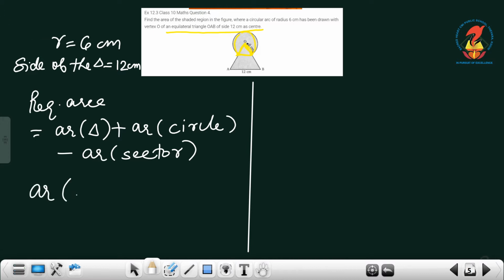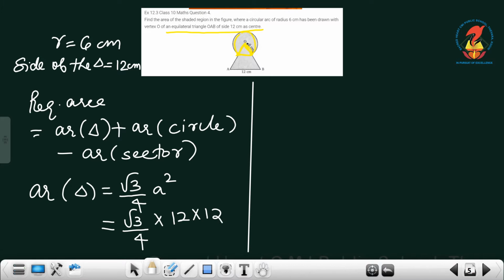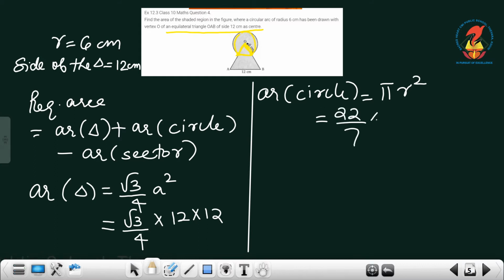So, area of the triangle is equal to root 3 by 4 a square, which is equal to root 3 by 4 into 12 into 12. And what about area of the circle? Area of the circle is equal to pi r square, which is equal to 22 by 7 into 6 into 6.